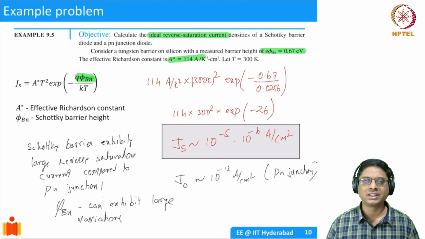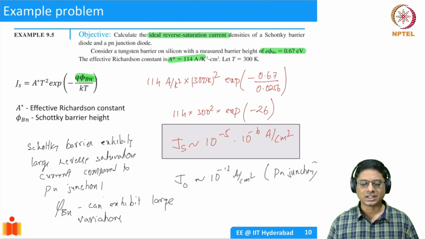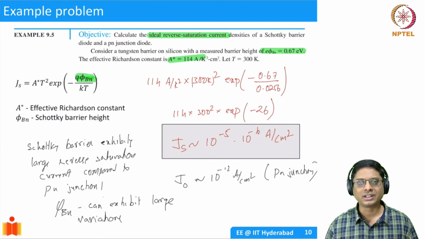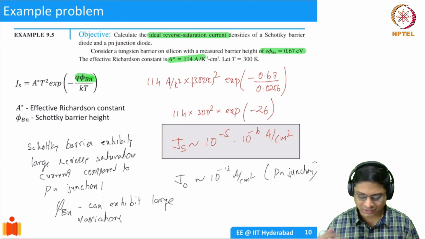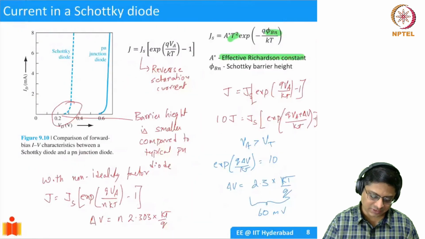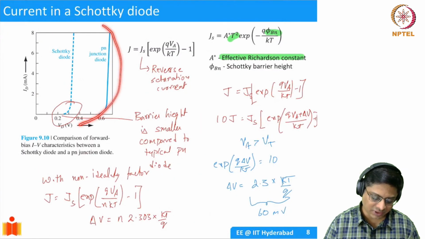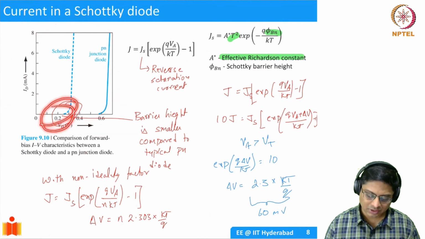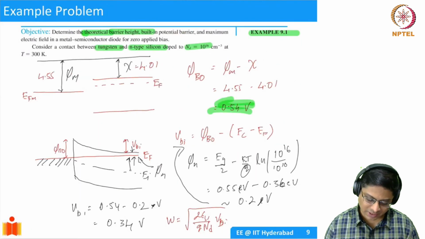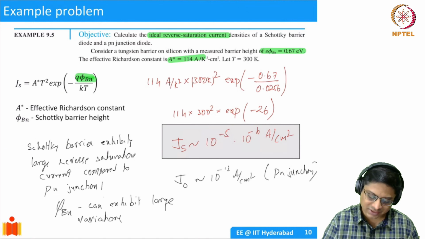Of course, even Schottky junctions are produced and they can be modeled carefully. But for each production environment, you have to carefully model it and find out what it is. So this is how the current flows, and the main points that you have to take away from here is that you have similar current voltage characteristics, but the threshold voltage is much smaller. Ideally it was 0.54, but actually it's slightly different.